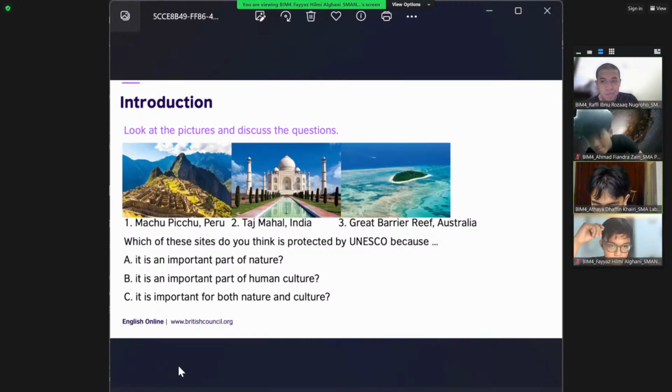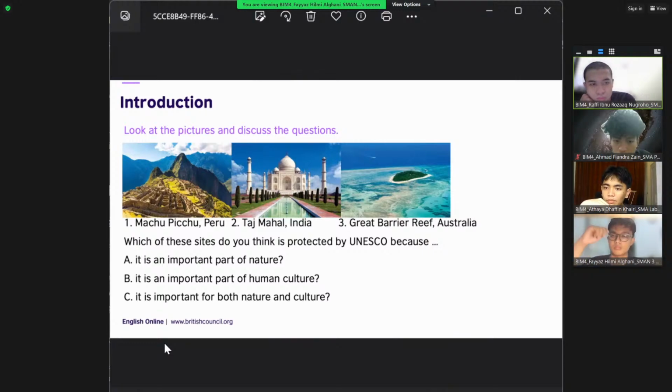Everyone agree? Because I remember that Machu Picchu is also important because the environment up there is unique. So I think it's also included in nature. So I think number one is C, number two is B, and number three is A. Everyone agree?